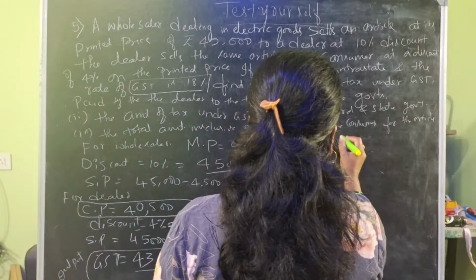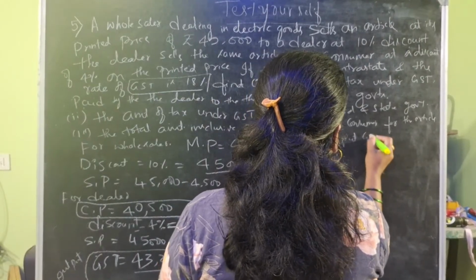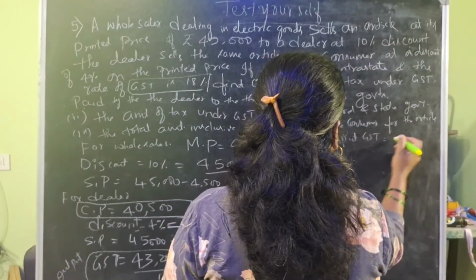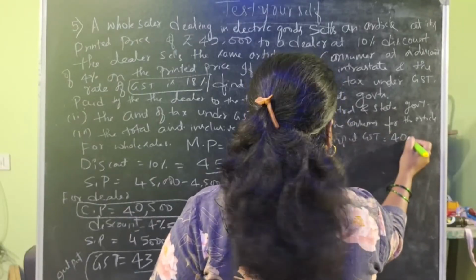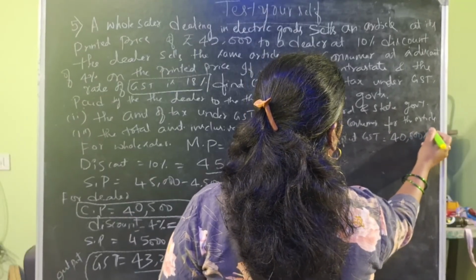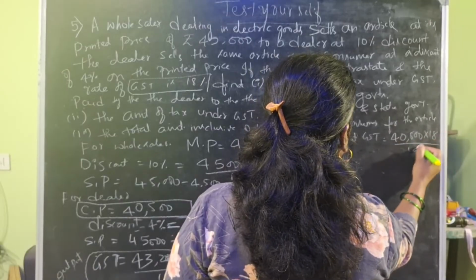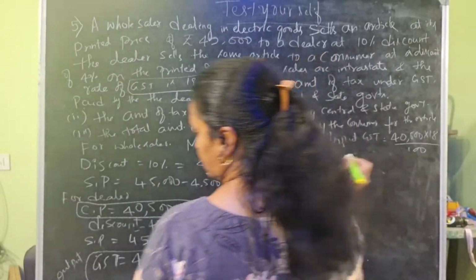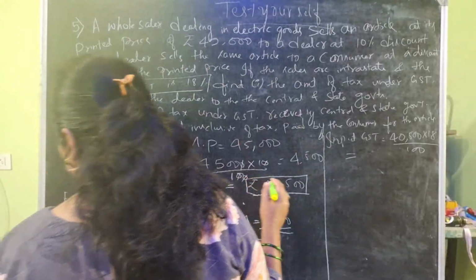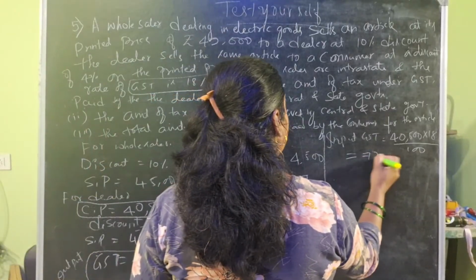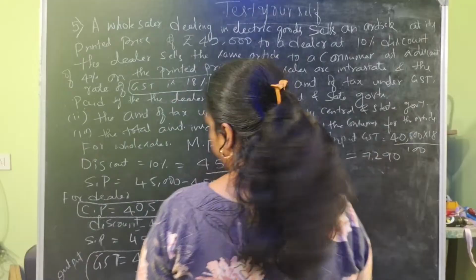So input GST is equal to 40,500 into 18 divided by 100, which is equal to 7,290.